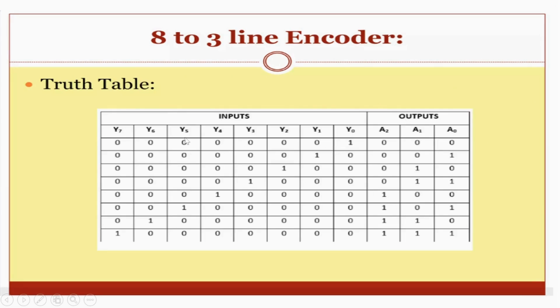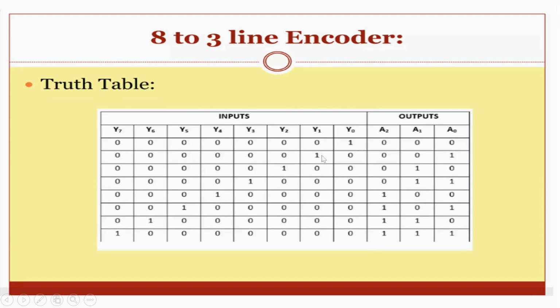Here you can see 8 inputs and 3 outputs. We already said that you have to treat them as switches. Firstly we pressed switch 0. The binary value of 0 is 0 0 0. Here we are getting 3 outputs, that's why we wrote them in 3 bits, so 0 0 0.